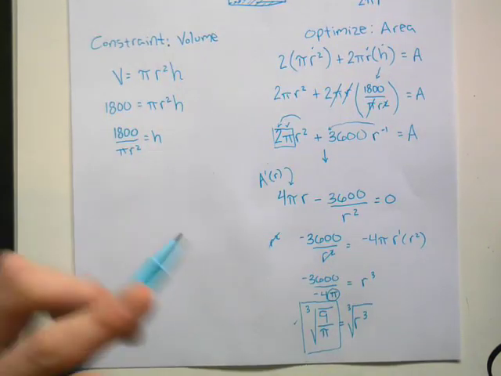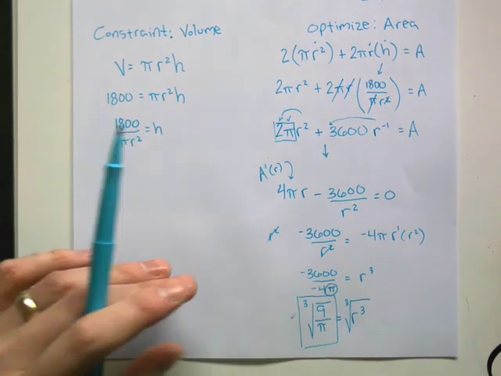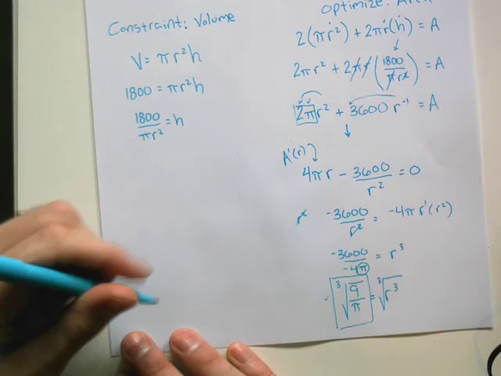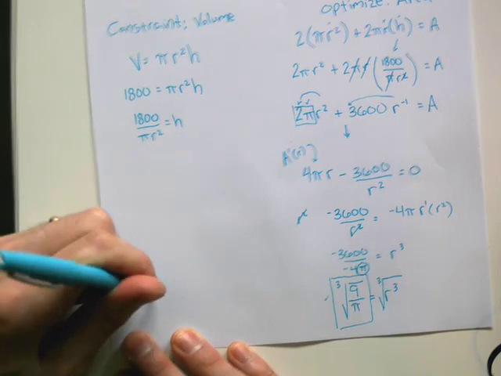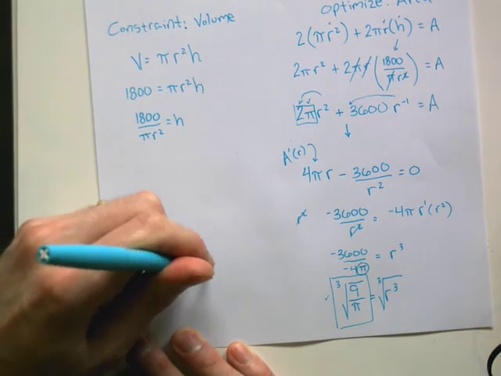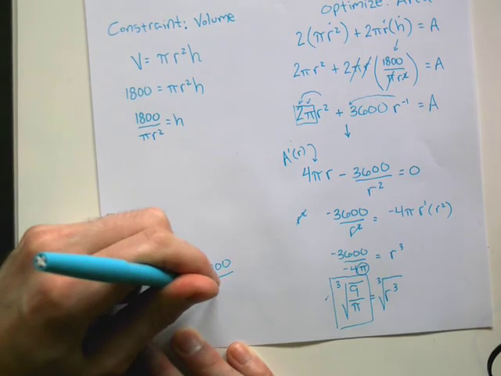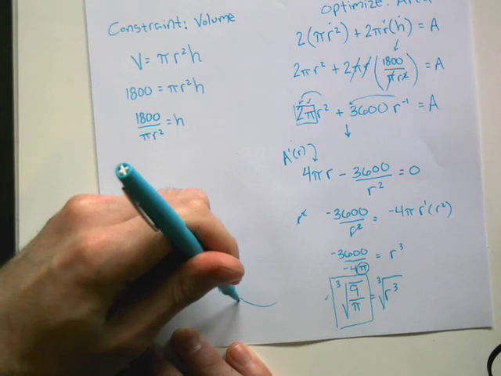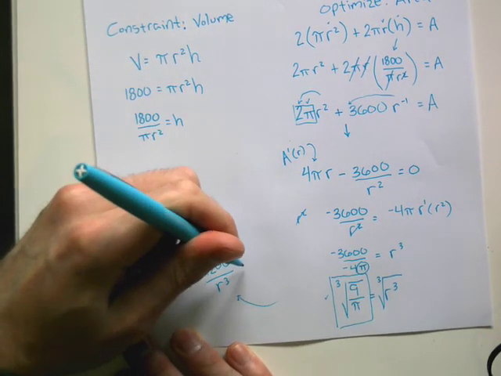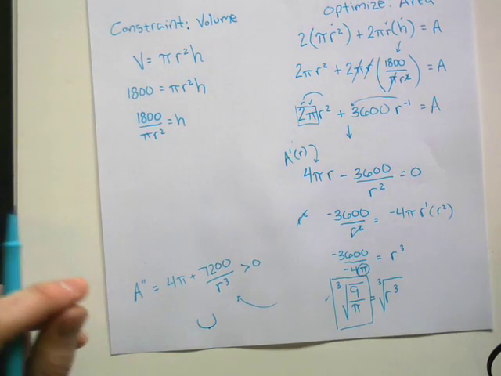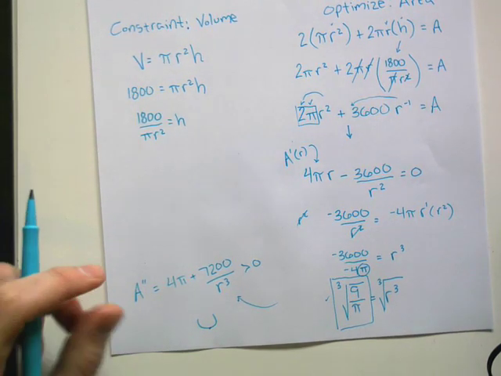Obviously, if you do this in your calculator, it's going to be a wild decimal, but this is a more exact answer. One quick check just off to the side here: A double prime is going to be equal to 4 pi plus 7200 over r to the third. If you were to get this value and plug it into here, that would still be greater than 0, which means we are at a minimum. So our surface area is minimized.